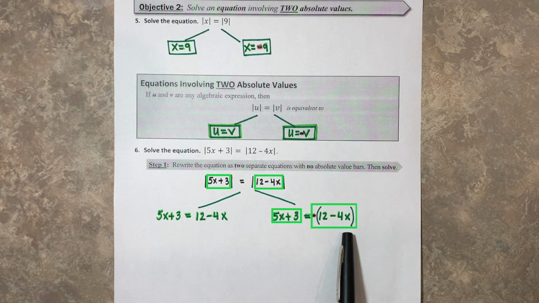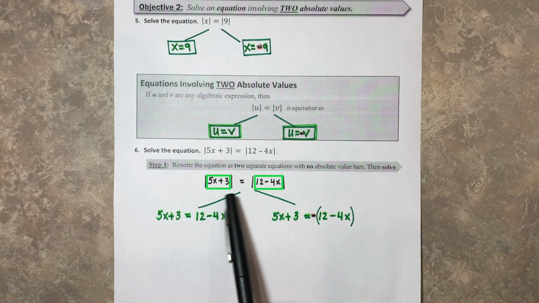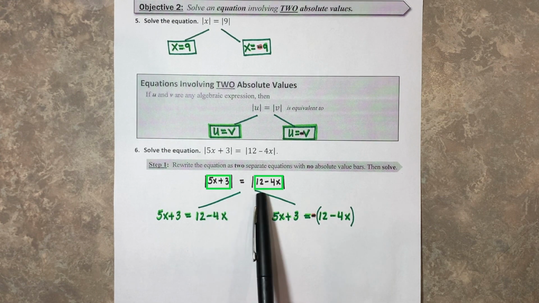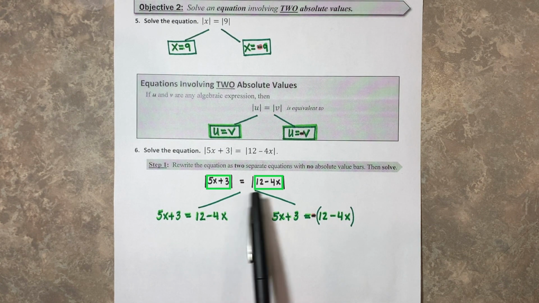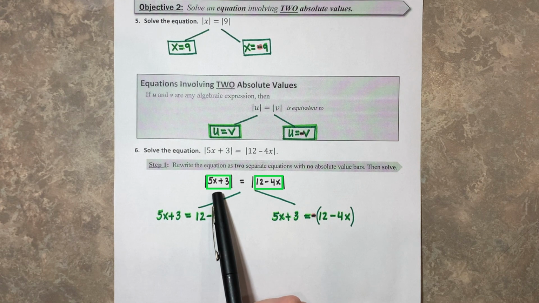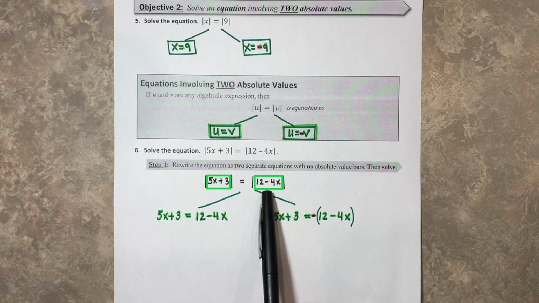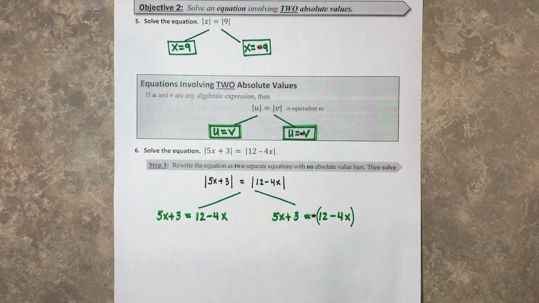The only difference between those quantities is that they would be opposite in sign. Well, the absolute value bars make everything positive. So the absolute value of this quantity would definitely be equal to the absolute value of an identical but opposite quantity. So now, to get our final answer, we just need to solve both of these equations.